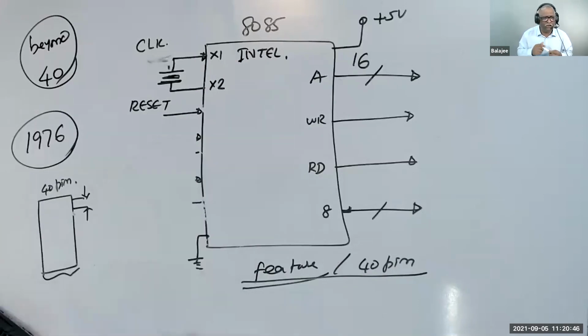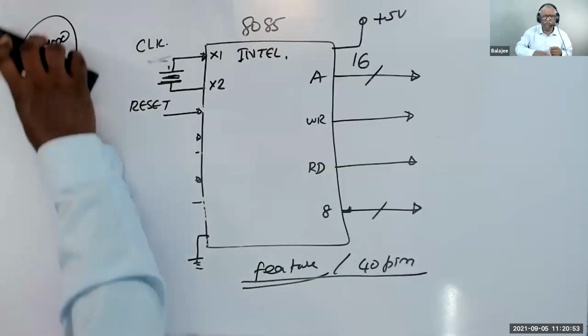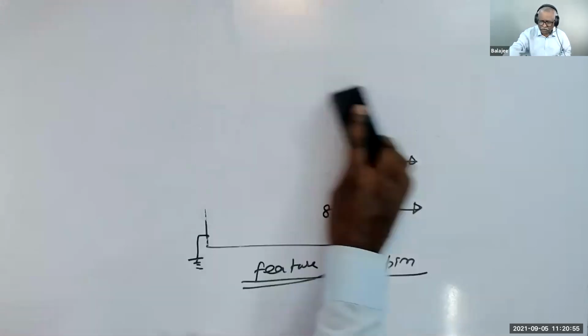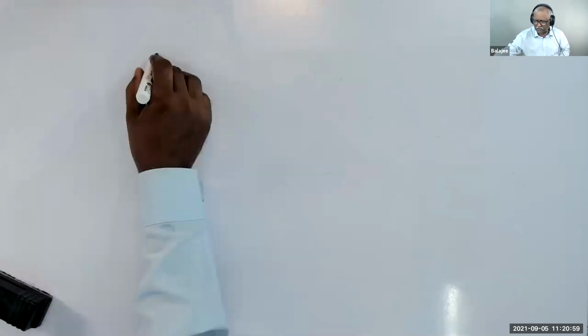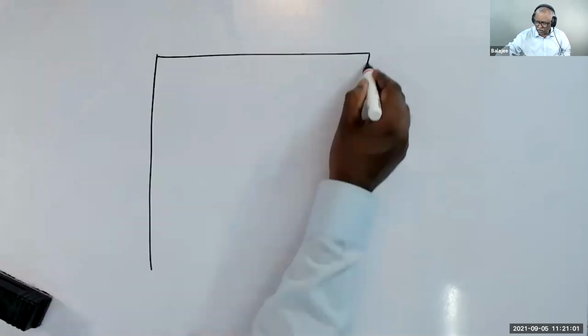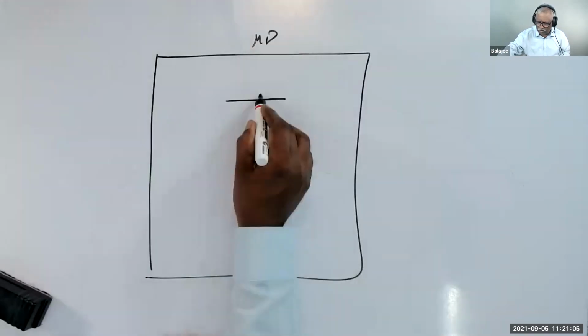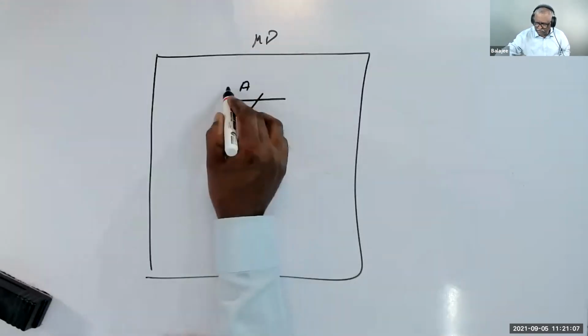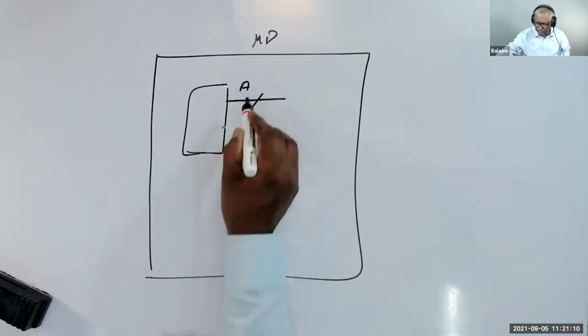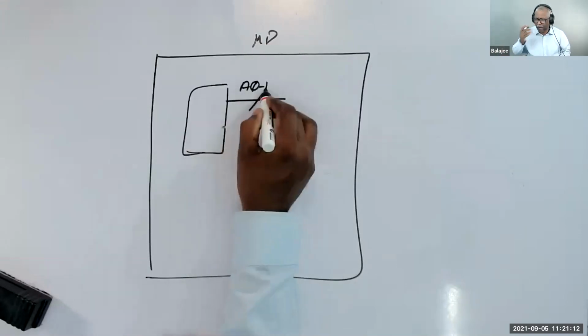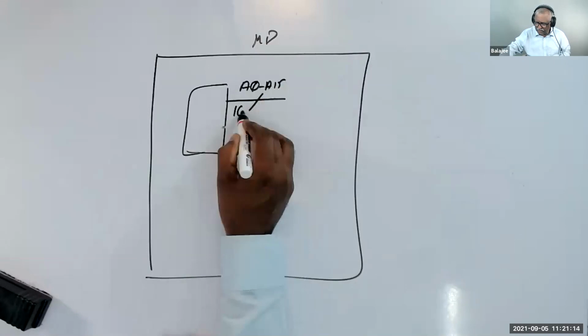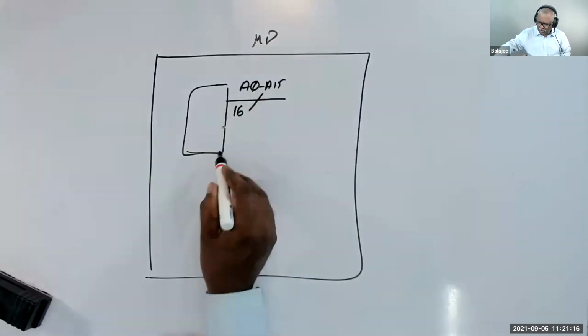So finally, they thought of one very nice thing. Inside the microprocessor, they have address lines A0 to A15, that is 16 address lines, and 8 data lines. Make it a bigger block.